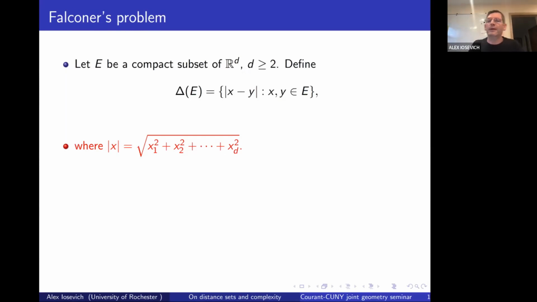And this is a point that was made to me a long time ago by Nets Katz. Suppose that you replace the usual little L2 distance, the Euclidean distance, by an Ld distance in dimension d. Then if you want to carry out this type of analysis, even on an integer lattice, you run straight up against the following innocent-looking problem.